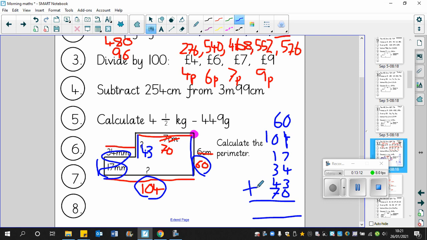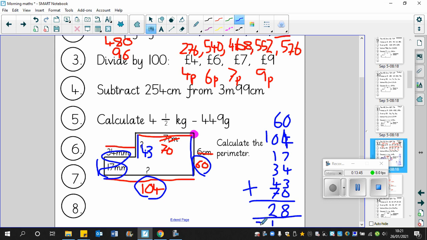Okay, so 6 add, this is 4, isn't it? So 0 add 4 is 4, add 7 is 11, 15, 16, 17, 18, and then that's a 0, so 18. So there goes the 8. The carrying digit 1 goes there. 6 add 1 is 7, add 3 is 10, add 4 is 14, add 7 is 21, and 22.